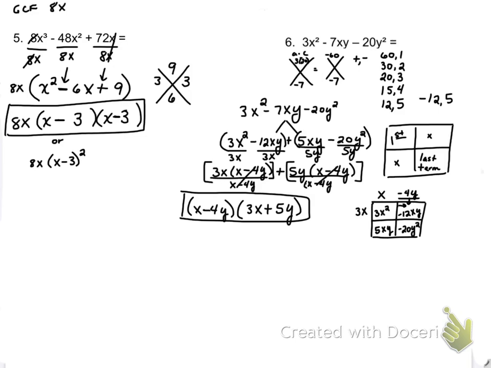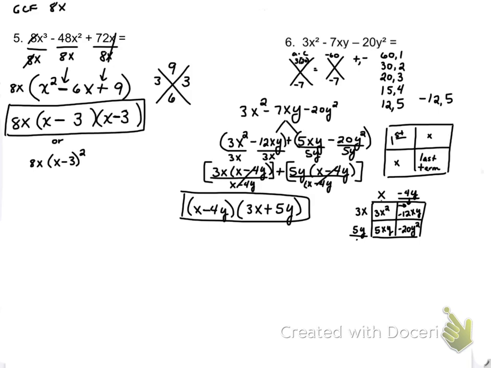So negative 4y times 3x is negative 12xy. And the number you're going to put out here on the bottom, you're going to multiply the x times the number here, and that's going to be a 5y. x times 5y is 5xy.